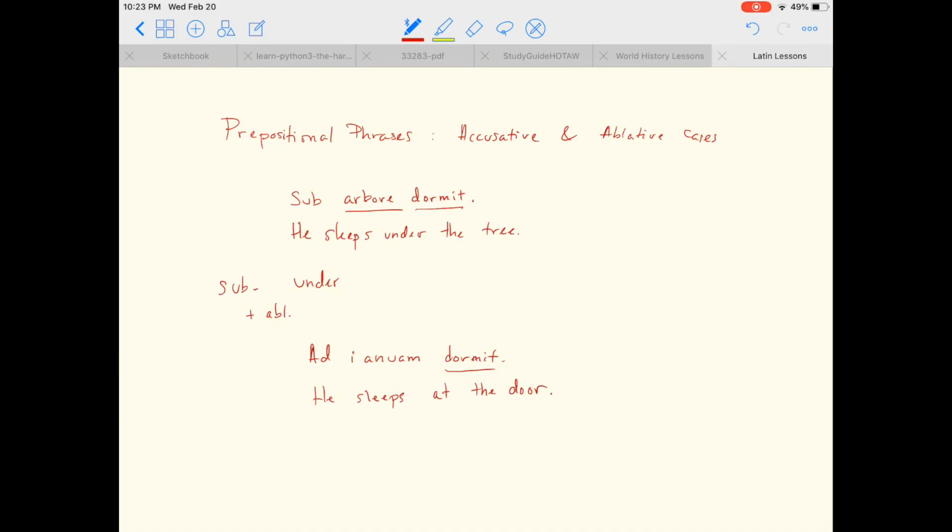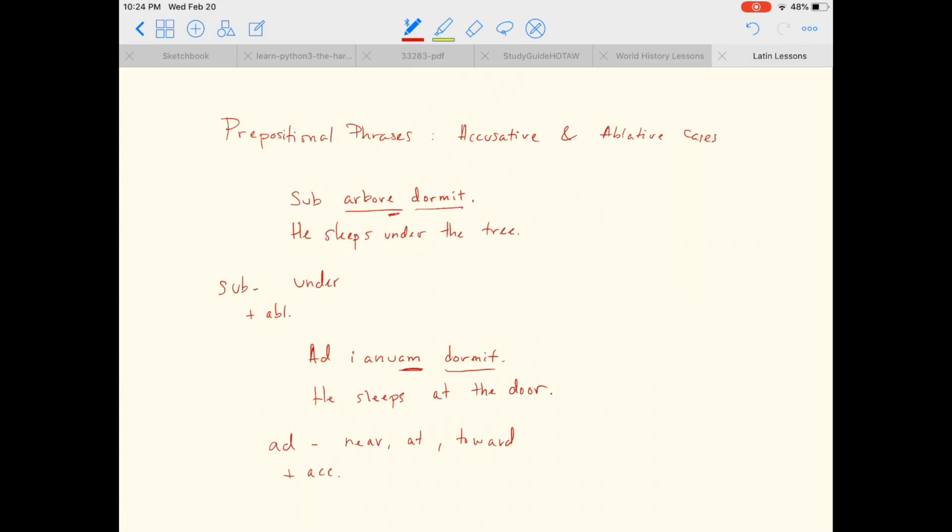So we have ad januam. Now, ad is also a preposition, meaning near, at, toward, but it takes the accusative case, which we see here with januam, right? So here we had the ablative with the e at the end, and here we had the accusative case.